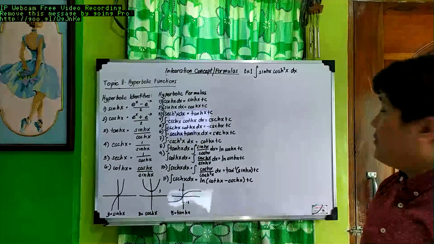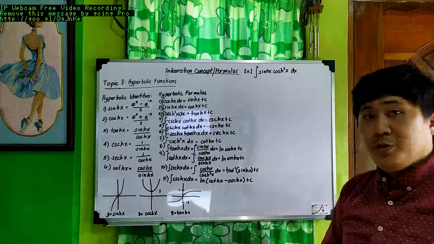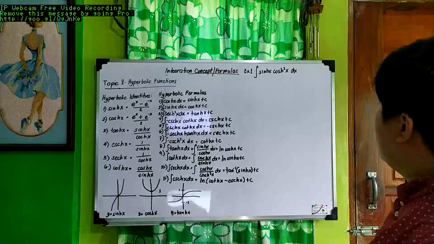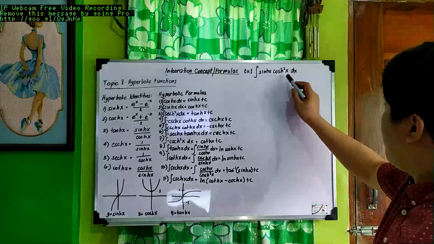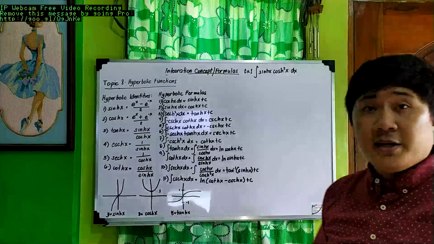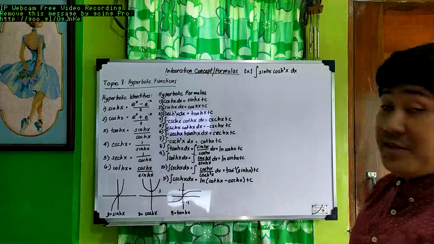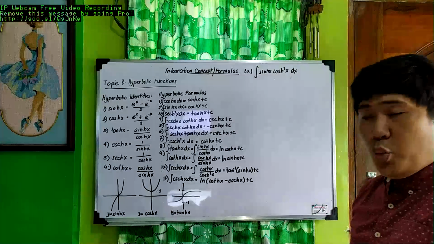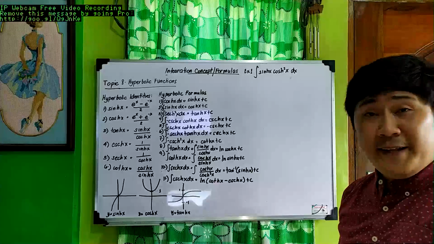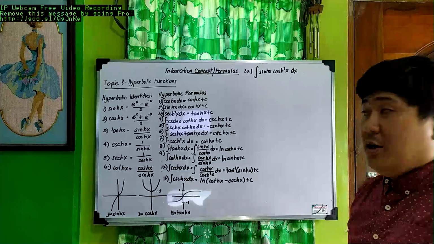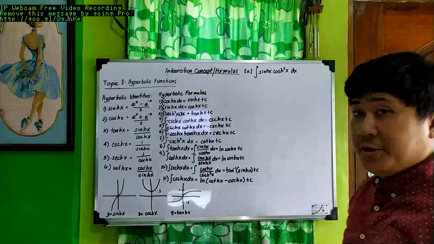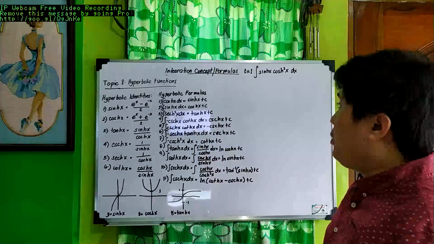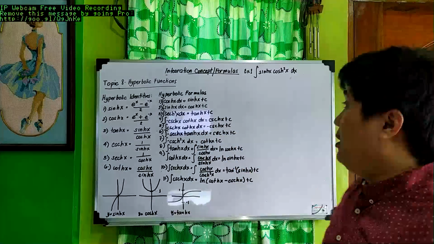Let's say we have this example. So from here, this is just like cosine hyperbolic x squared. Okay, guys, they are the same. So from here, again, we are not yet doing the techniques. We are still on the basic integration. We are knowing the different formulas of integral.